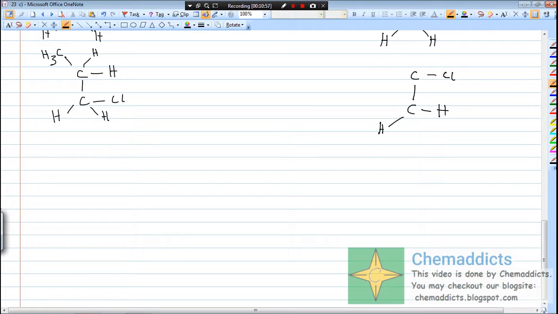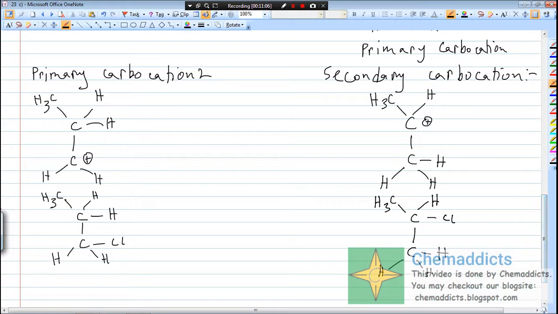Okay, so in here, since this molecule is formed from this primary carbocation, this should be the minor product, and since this molecule is formed from this secondary carbocation, this should be the major product. Okay, so this is minor product and this is major product.